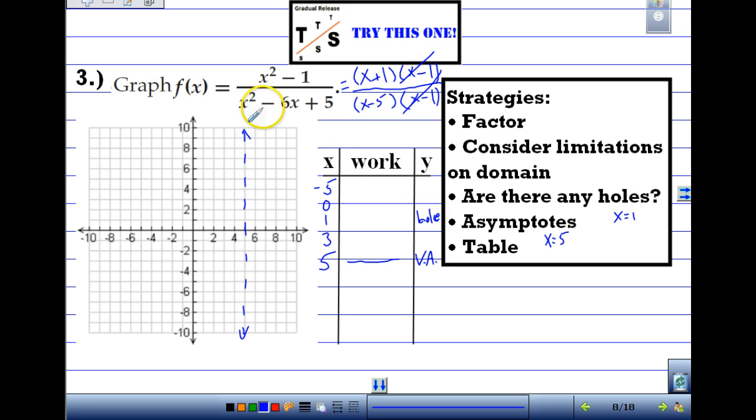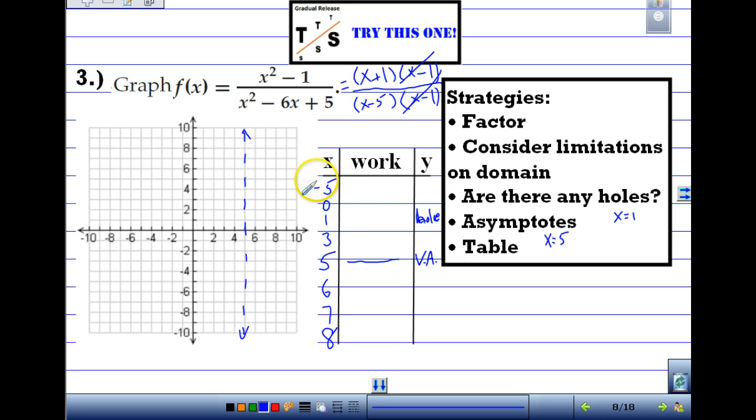Because when you plug in 1, you get an undefined in the original. So we'll have a hole wherever our graph is heading at x equals 1. Right around here, we're going to have a hole. And then just pick some other points, let's say just 6, 7, and 8. And then you'll have to crank out the answers for each one of these.